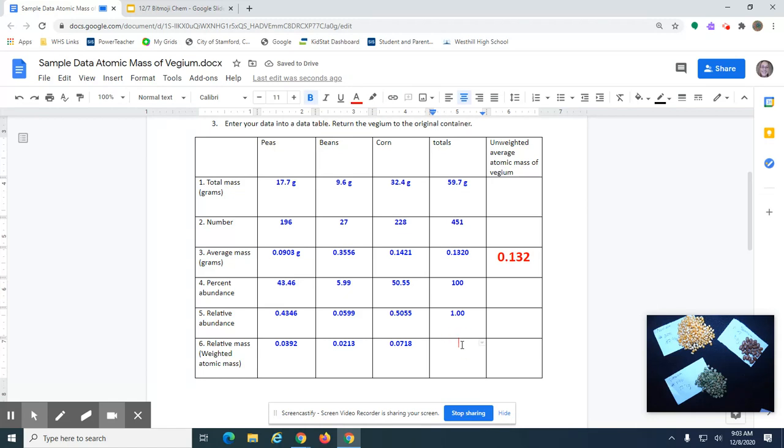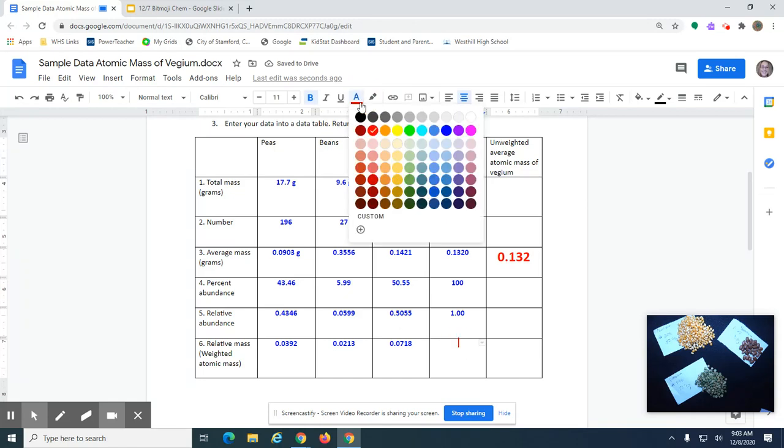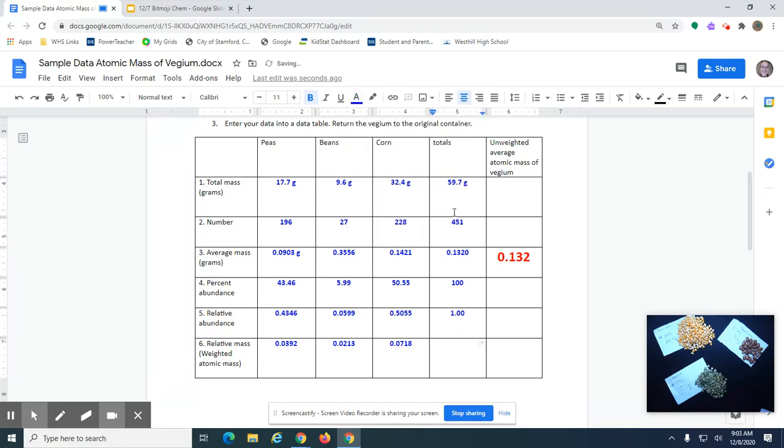And when we add those three numbers up, 0.0392 plus 0.0213 plus 0.0718 is equal to 0.1323.